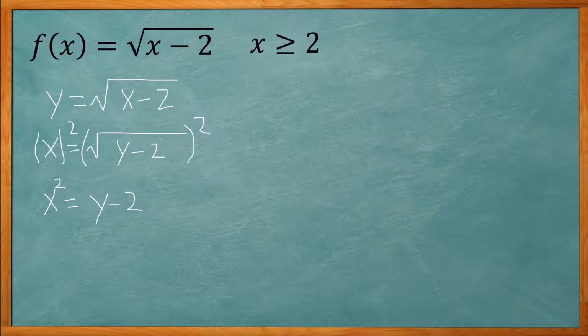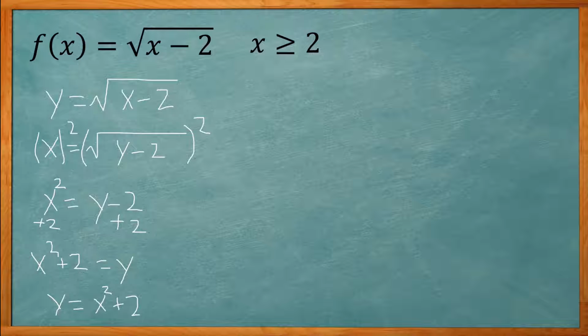And then to get the y by itself, I'm going to add 2 to both sides. So I get x squared plus 2 equals y. Or if I just write out y on the other side, y equals x squared plus 2.